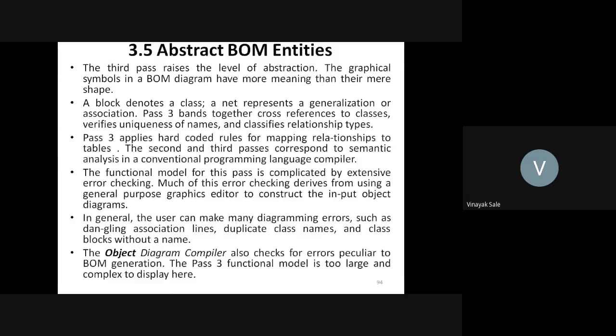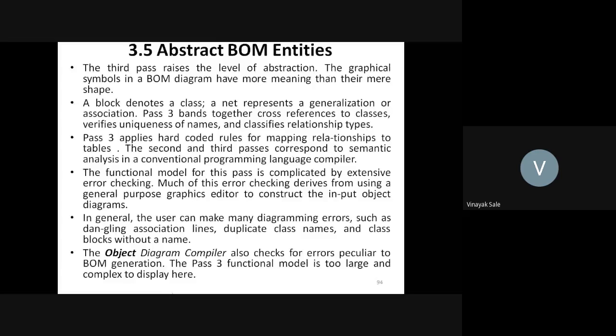A block denotes a class. A net represents a generalization or association. A pointer represents a class, and classify relation applies hard-coded rules for mapping relationships to tables.